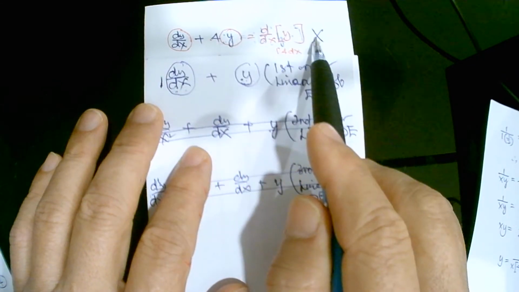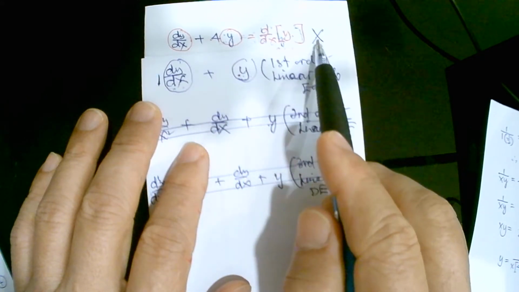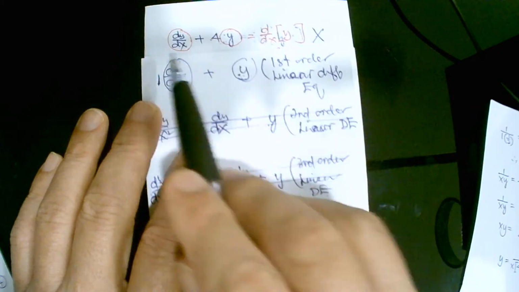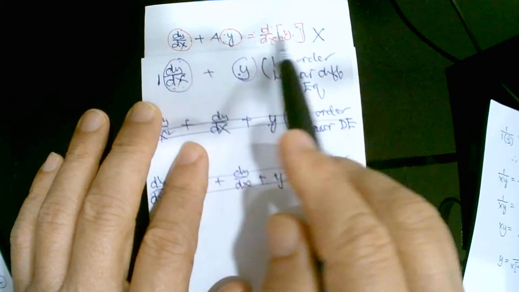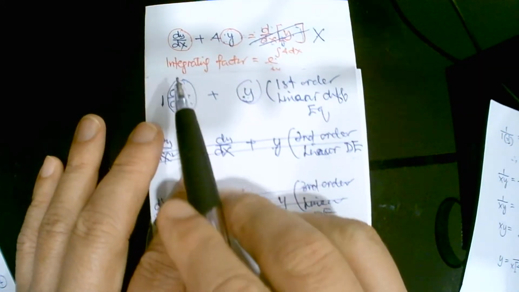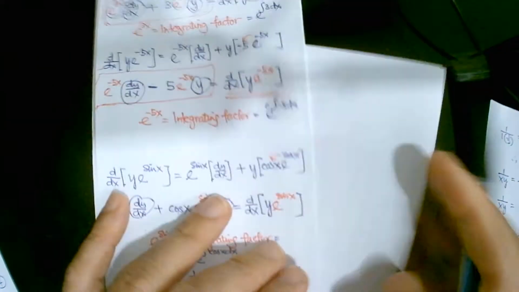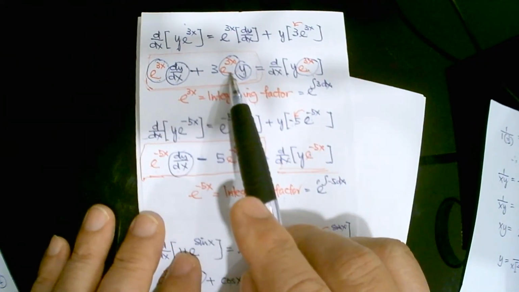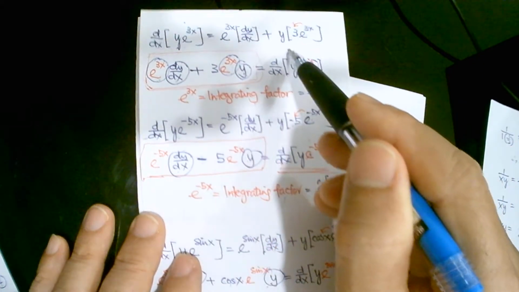It's wrong, because there is no integrating factor. This one cannot be equal to this. So what we do is find the integrating factor, just like here. You must have the integrating factor, then only can you combine them into one like that.